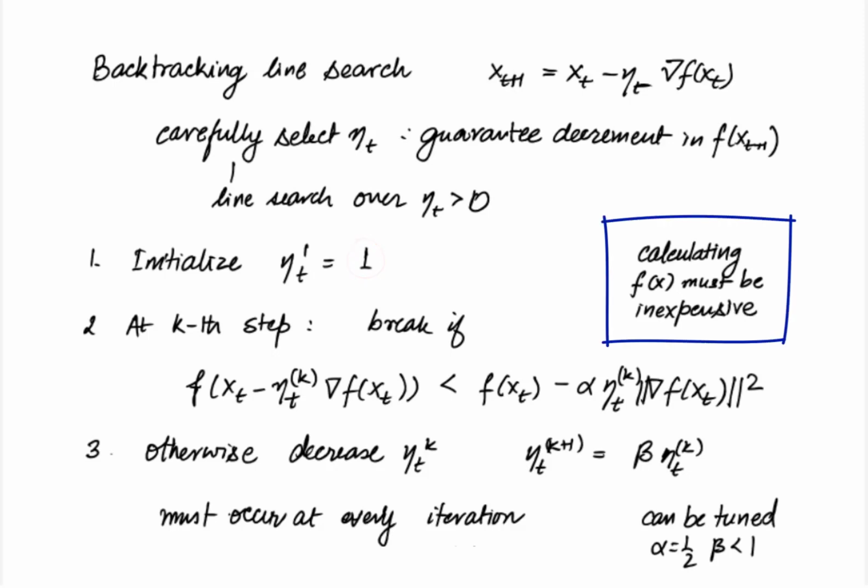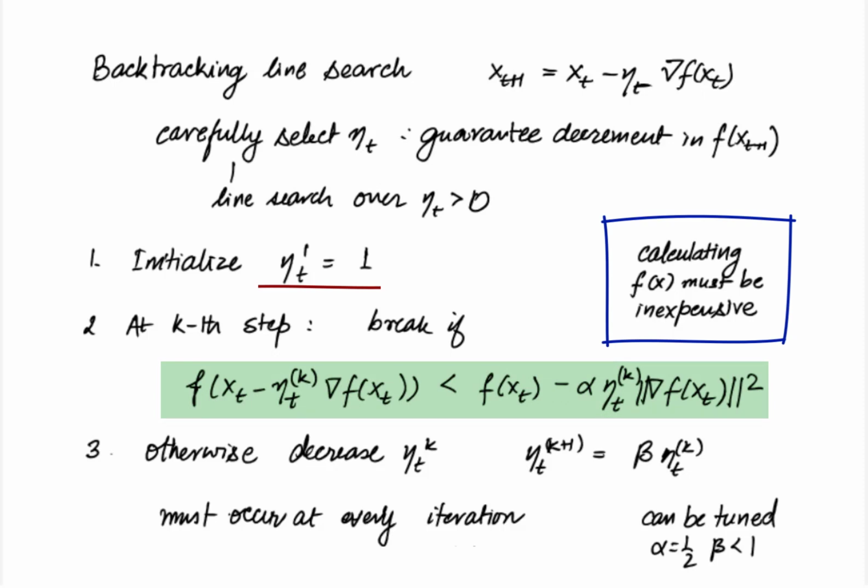Let us begin by trying to get some intuition as to what is going on in this line search. In the first step, we are choosing eta_t to be a large value, in this case 1. As we said, nothing special about 1, it just has to be some sufficiently large value. Then we are checking if the choice allows us to have a sufficient decrement.